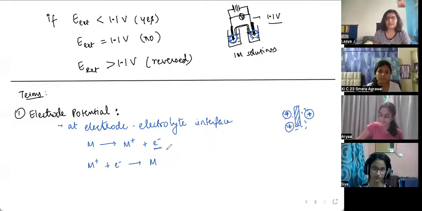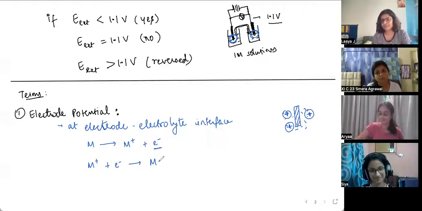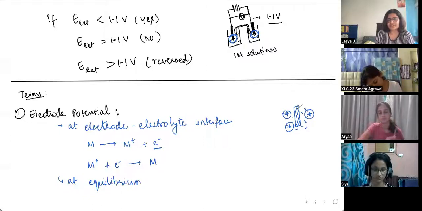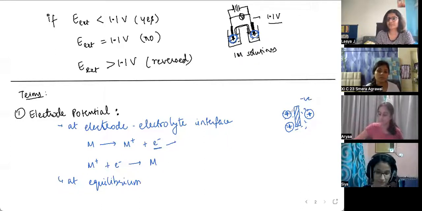So, depending on the reactivity of the metal, one of these two processes is going to dominate. So at equilibrium, if the oxidation is happening a lot more, then there's going to be a negative charge on the metal.